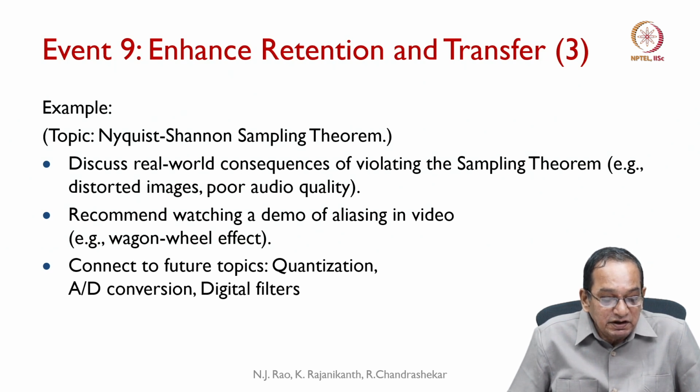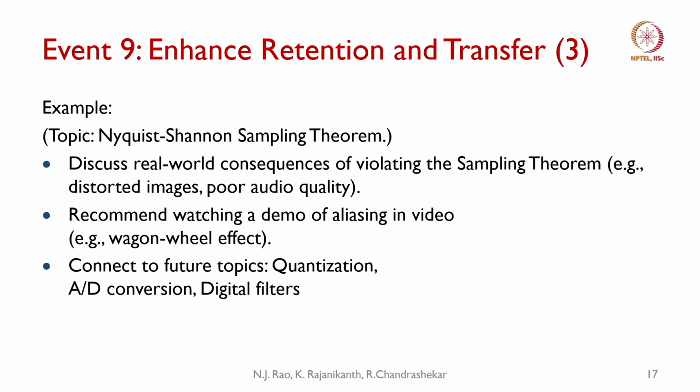Connect the Nyquist-Shannon sampling theorem to the future topics that the learner is going to encounter. Example, quantization, analog to digital conversion, digital filters, etc. Very briefly, no doubt, but the student is able to see that there is a continuity of the idea. The concepts are linked.